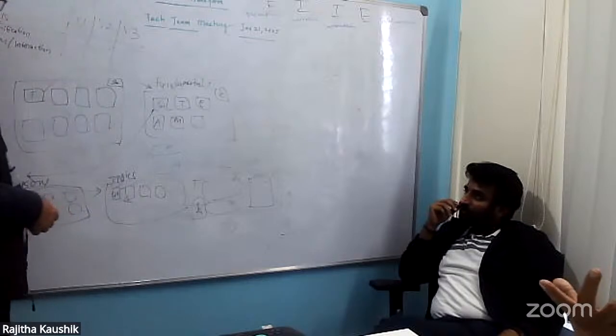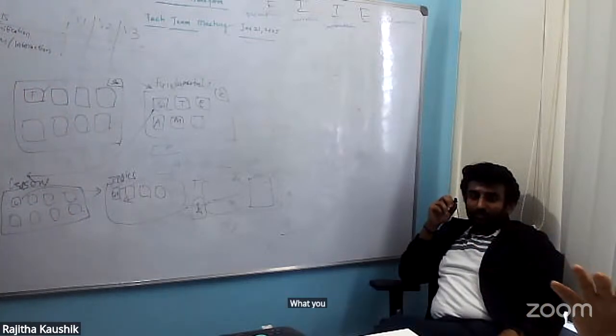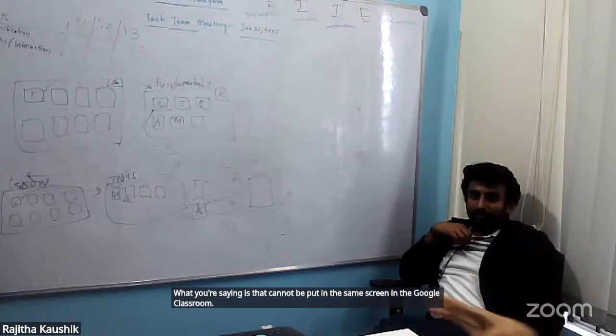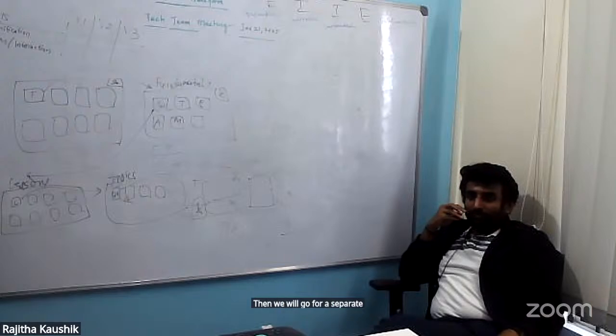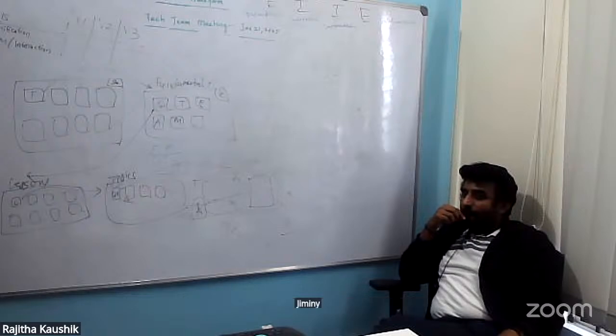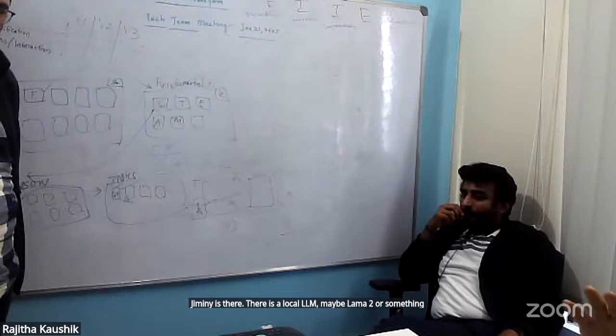we need to look at it in a very different way. What you are saying is that it cannot be put in the same screen of Google, in Google Classroom. Then we will go for a separate screen. That's what I'm thinking. There is a local LLM, maybe Llama 2 or something, which has the context of.